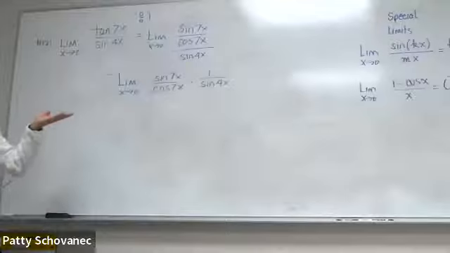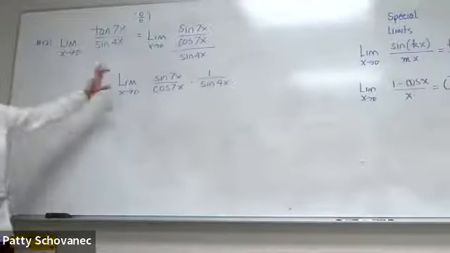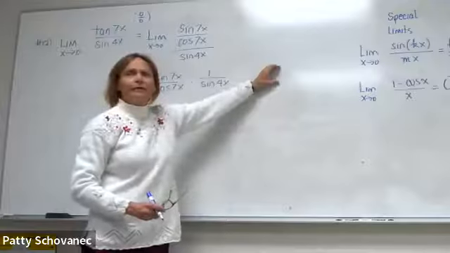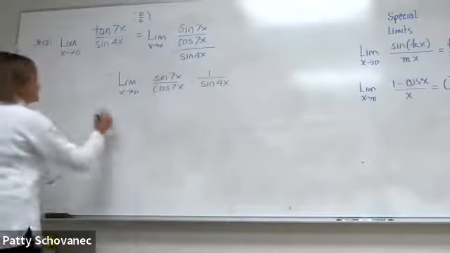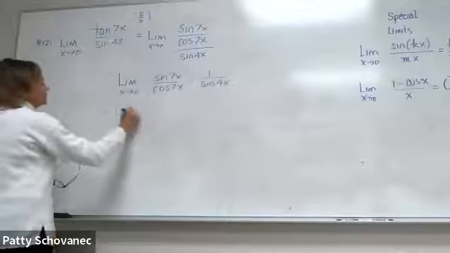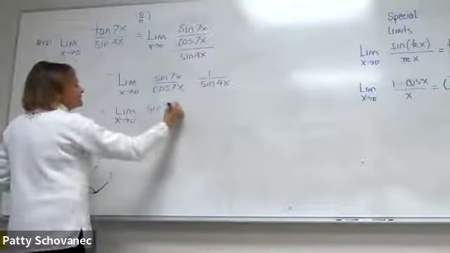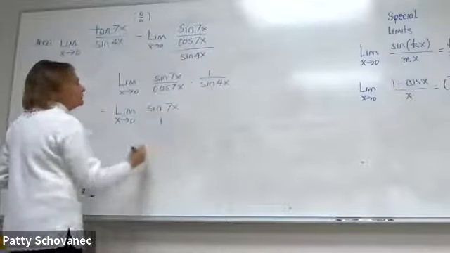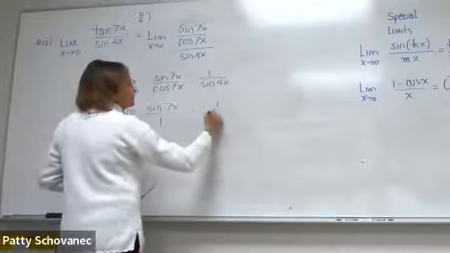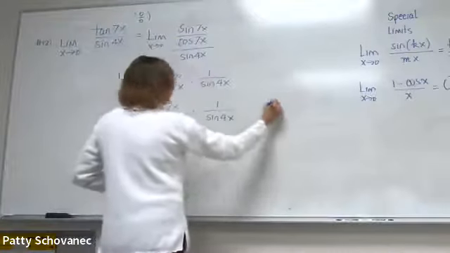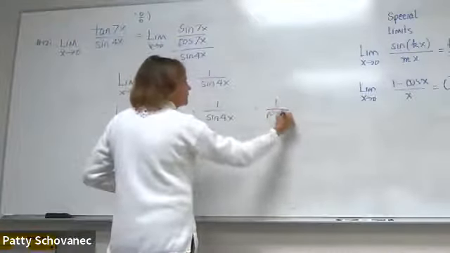Now the cosine's not giving me any trouble, so I'm going to take that factor of 1 over the cosine of 7x, put it way out here on the end. Just isolate the sines for now. So I'm going to write that as the sine of 7x divided by 1 times 1 over the sine of 4x, now times 1 over the cosine of 7x.